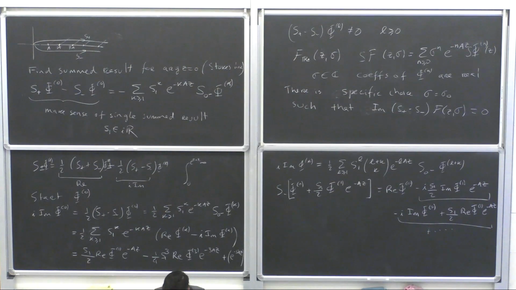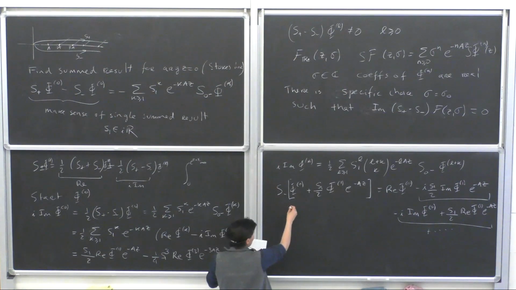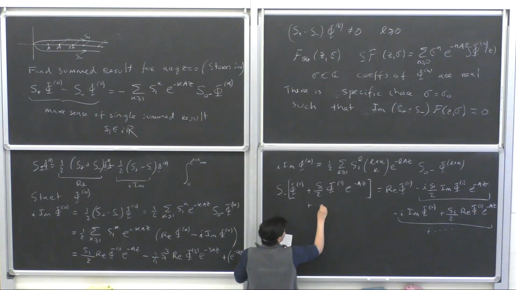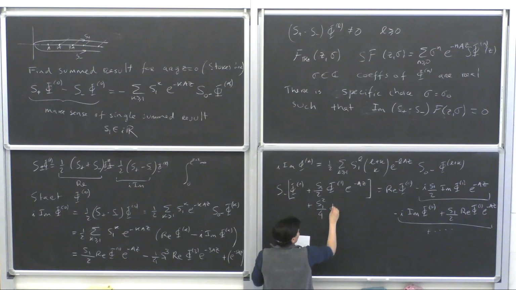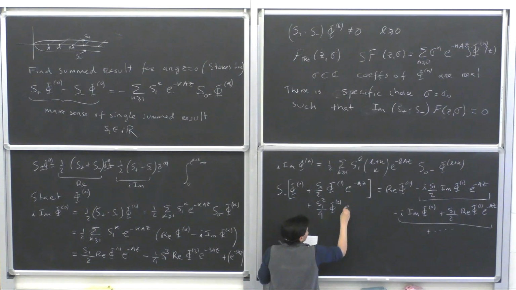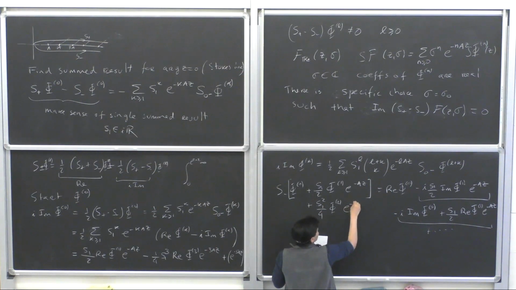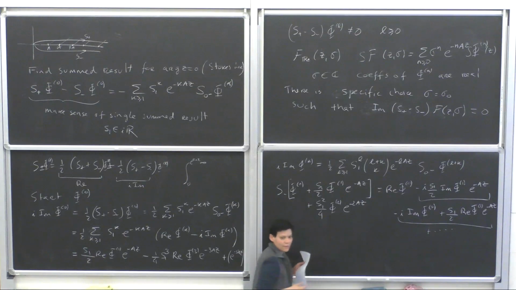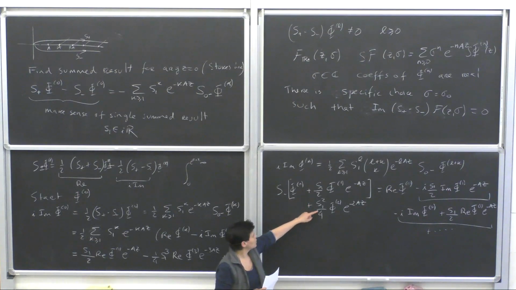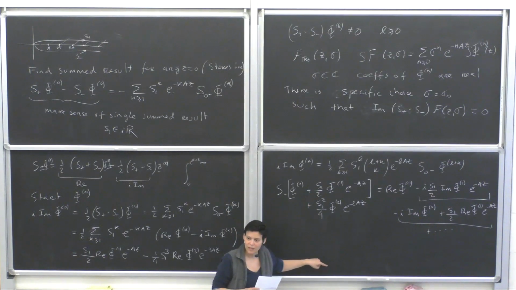But what I want to say is that if I kept on adding terms here, it would be an S1 squared over 4 phi 2, and there might be an actual S1 squared phi 2, e to the minus 2az, and then I'll have an S1 cubed, etc., etc.